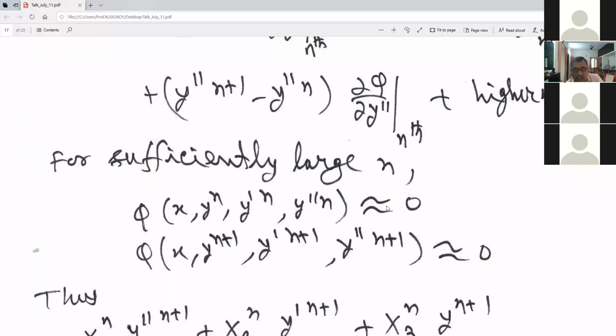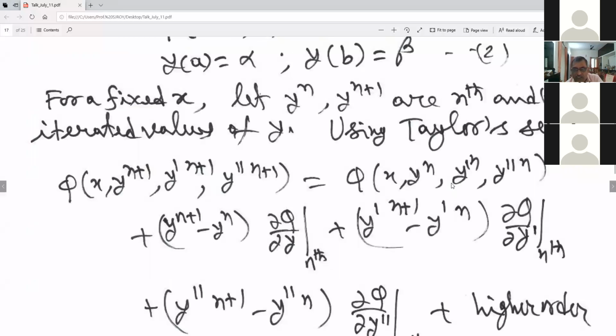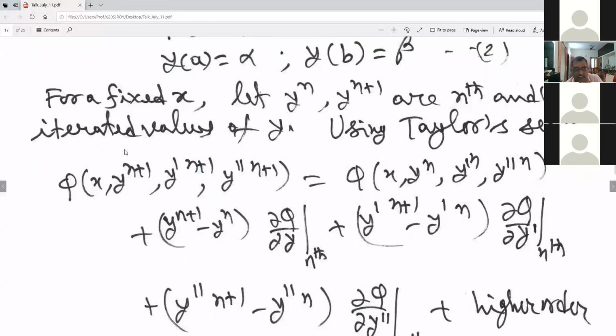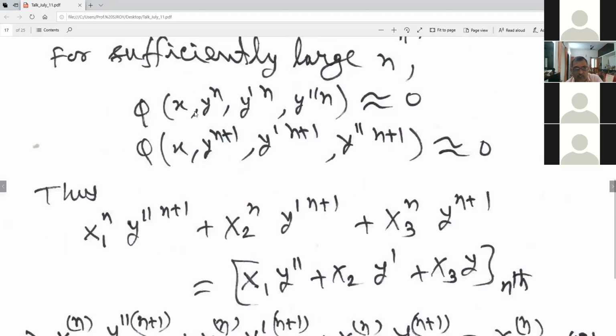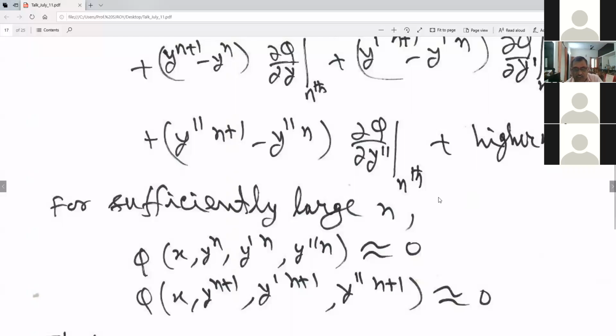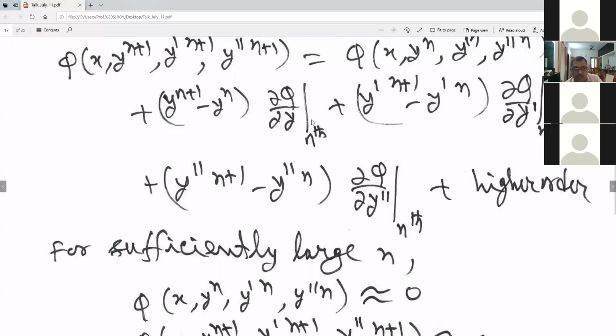Then if I put 0 and 0 here, the equation looks like this. You see the equation: this is 0, this is 0. So this becomes, this is what you don't know. The partial derivatives you can find out, and the nth iteration is known. Suppose I start from the 0th iteration; the 0th iteration I know.